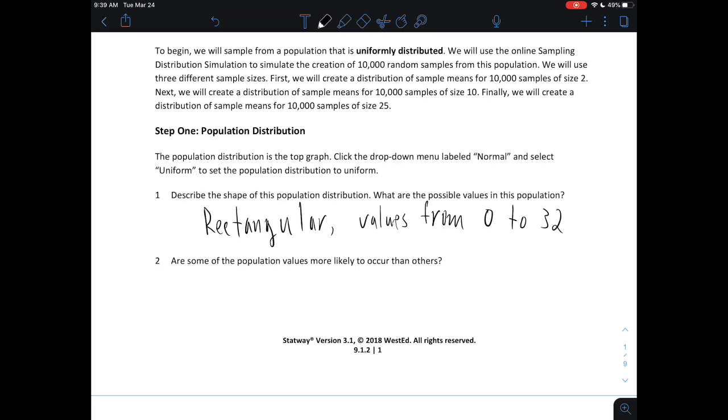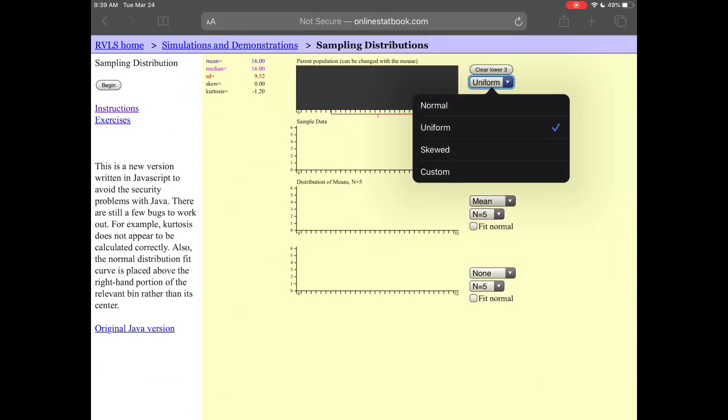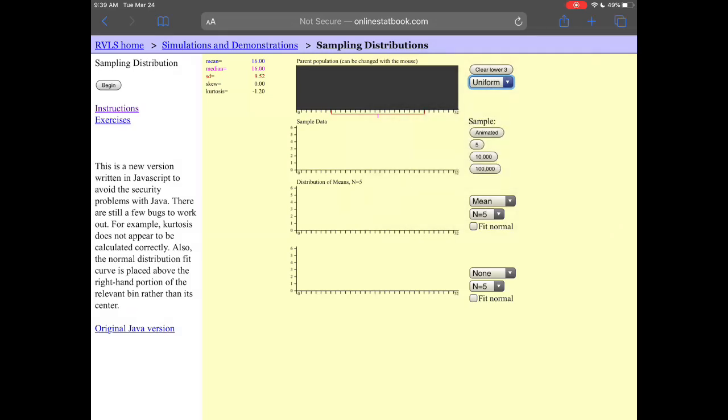And then number 2 asks, are some of the population values more likely to occur than others? Again, what we need to remember is that shaded areas relate to probability. And as you can see, we have the same height above every single value, which means there's the same area above every single value, which means they all have the exact same probability.